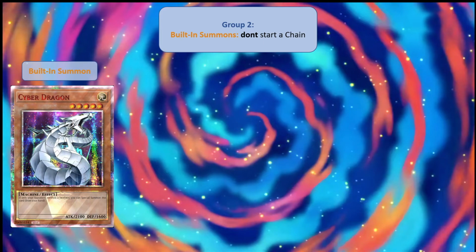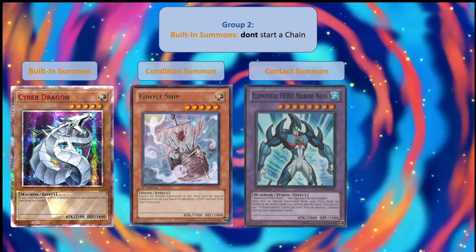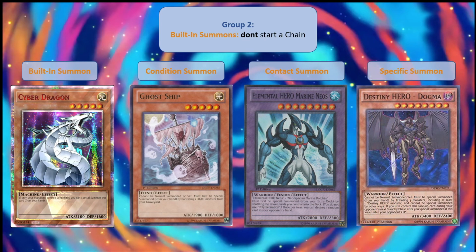So what we got here is a built-in summon, a condition summon, as well as a contact summon, and finally a specific summon. So again, these are categorizing them very specifically. Most players won't even know which category these cards fall into. Again, that's not really bad. You just have to understand the main subject of a built-in summon. So we'll be looking at that now.